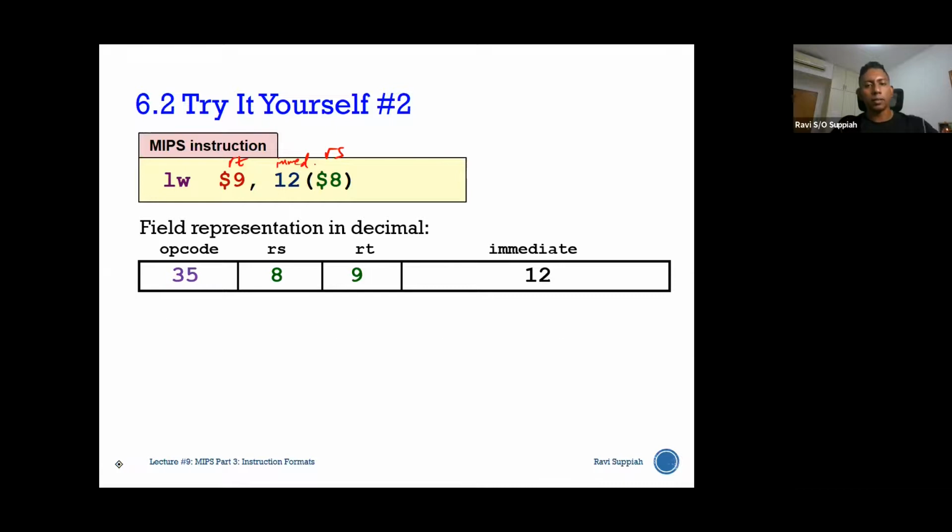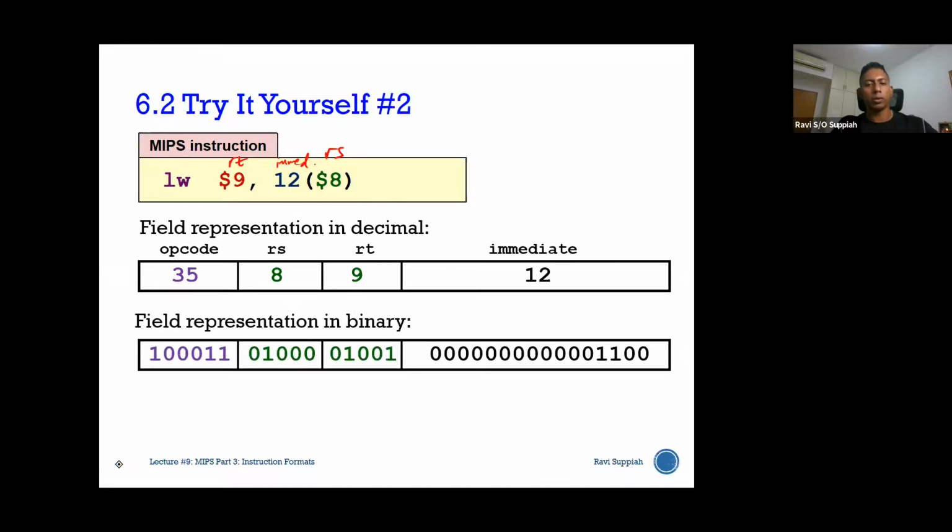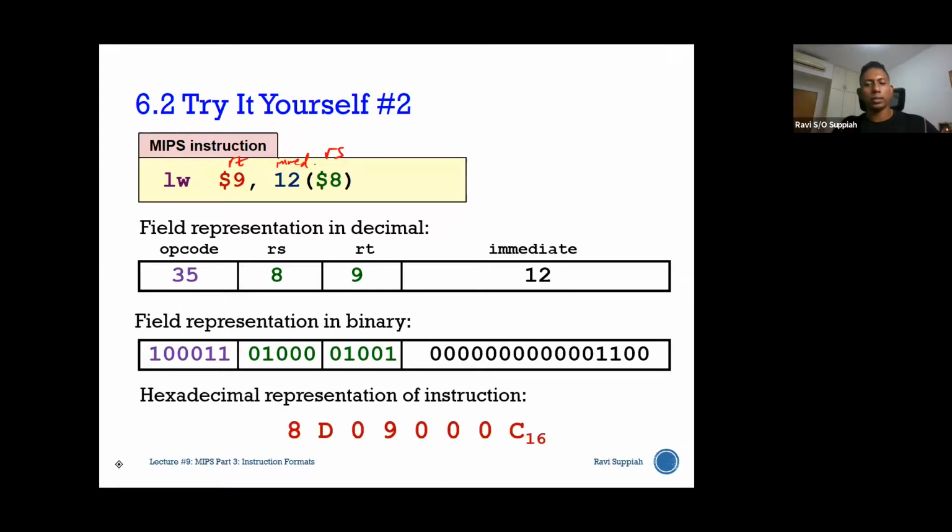Now this immediate value and opcode you then translate, and then you will get this. You can see it's not so difficult. Once you get the hang of it, you more or less understand how to relate instructions in the assembly language format to the actual representation in the different fields in the 32-bit instruction, and then from there you translate to binary and hexadecimal.